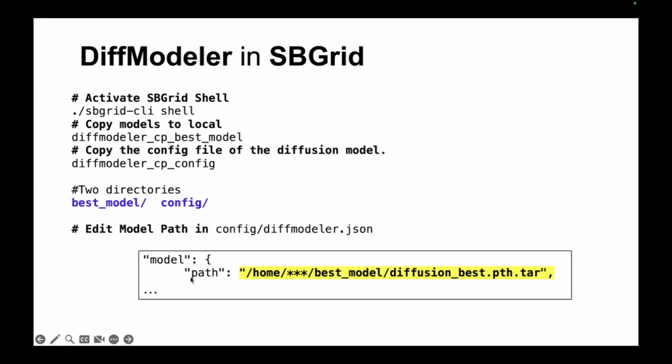Then please edit the model path here. Because we downloaded the best model here, in my case, maybe home, gterashi, best models, diffusion best.pth.tar. Then it's all set. You can use DiffModeler. This is the configuration.